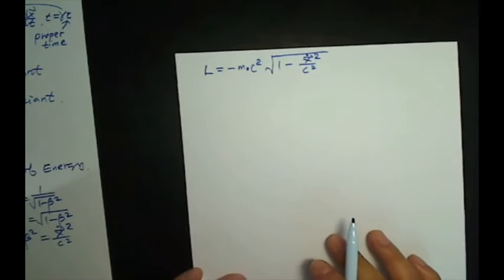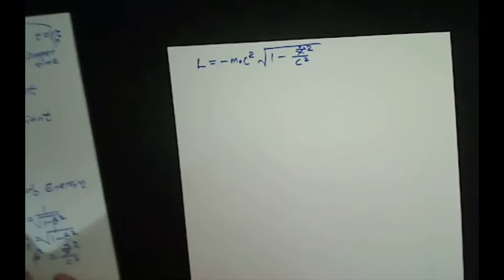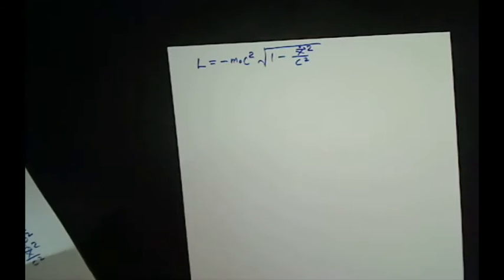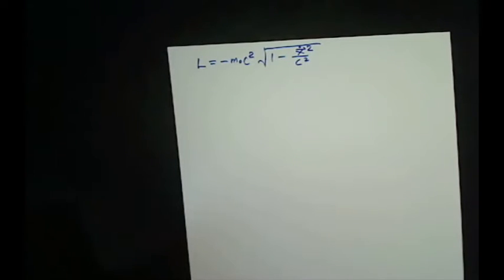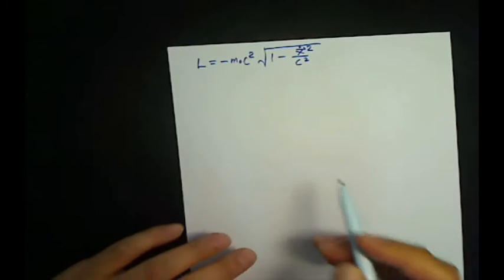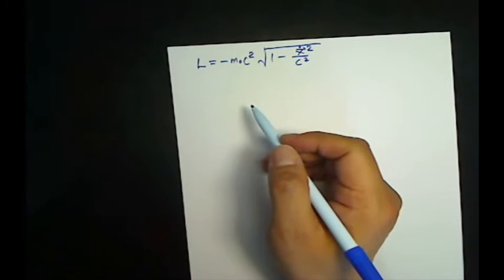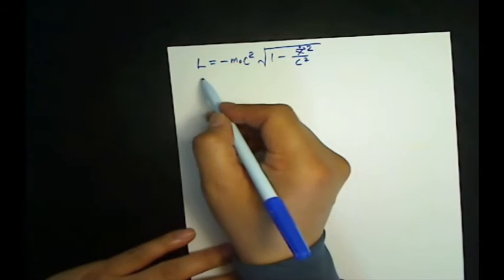Using this Lagrangian, let us compute the Hamiltonian. The Hamiltonian computation is carried out by Legendre transformation. First, write down the F function.